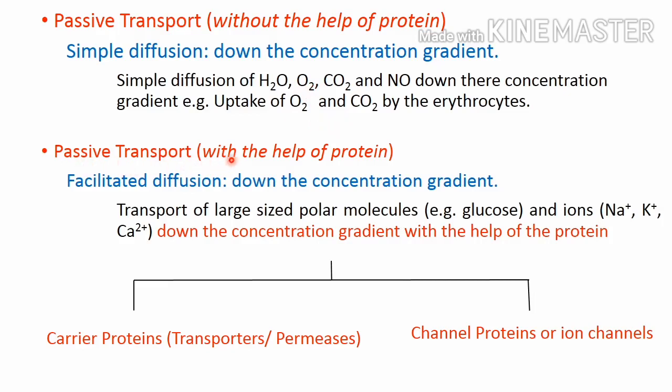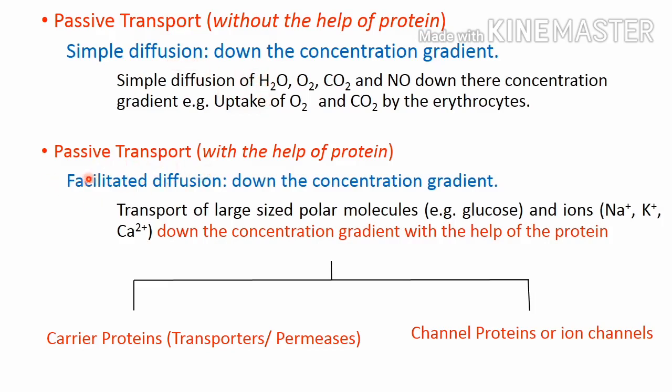And in passive transport, when proteins are involved, it is known as facilitated diffusion, because the proteins provide the facility for diffusion. It is also down the concentration gradient, the molecules are transported down their concentration gradient, but here proteins are used, unlike simple diffusion where protein molecules are not used.